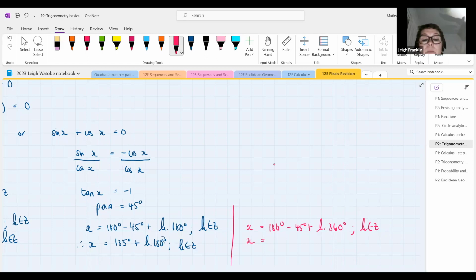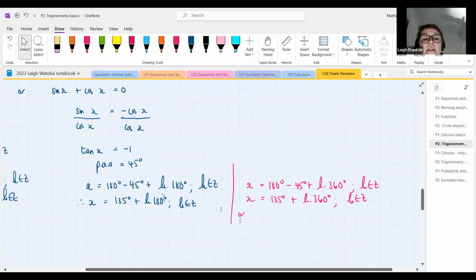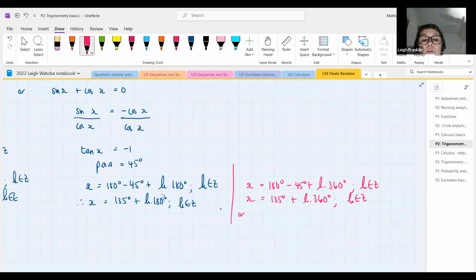So x would be equal to 135 plus k times 360, k is an element of the integers. And then you would have to do the other quadrant. So the other quadrant in which it's negative would be quadrant 4. So you would say x equals 360 minus 45 plus k times 360.